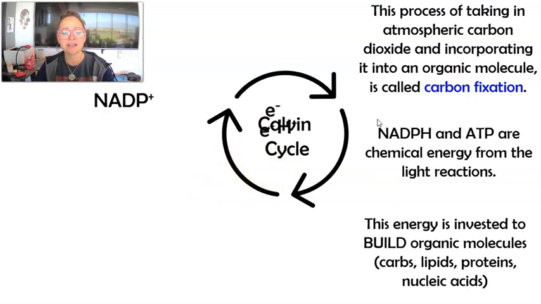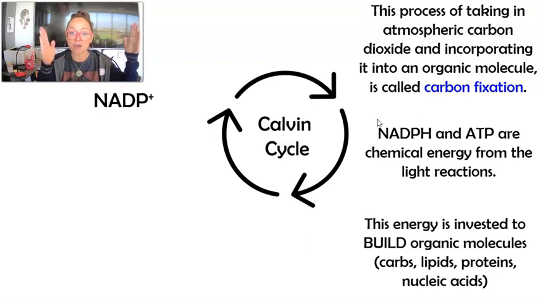So we're going to take those electrons and the hydrogen and the energy from the ATP, and we're basically going to attach them, in the simplest way to explain it, to carbon dioxide. So when we look at carbohydrates that are CHO, well, the C and O came from carbon dioxide. And now there's the hydrogen, right? CHO. So in the Calvin cycle, we are investing and building carbohydrates as the first step.